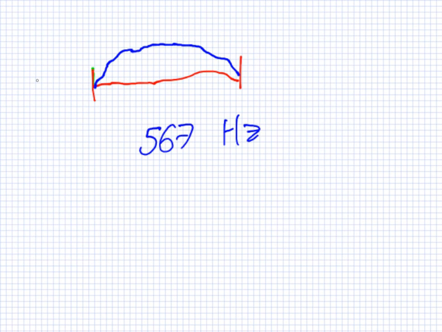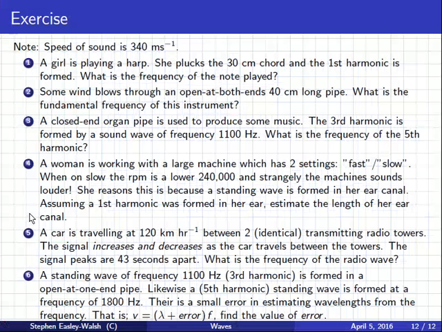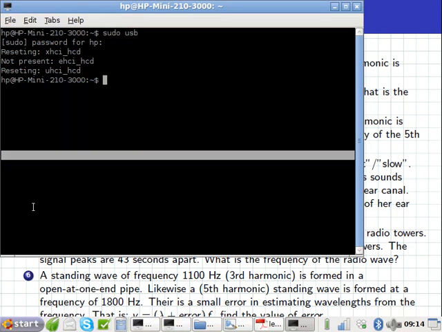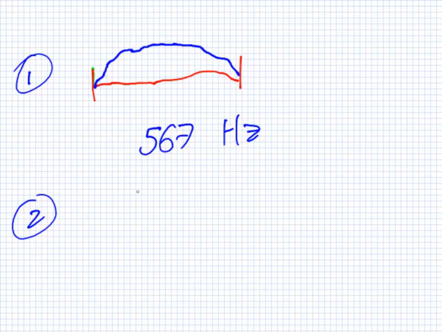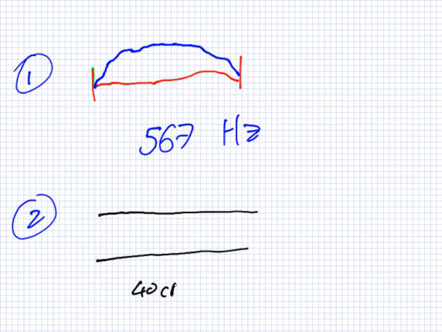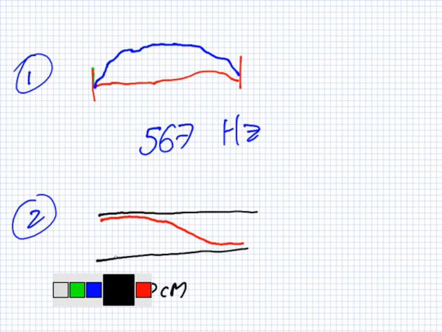Right, number 2. Some wind blows through an open at both ends 40 centimeter pipe. What's the fundamental frequency? Okay, so this time the pipe is 40 centimeters long, and if there's a note playing and it's open at both ends, I think it'll be like this, wouldn't it?